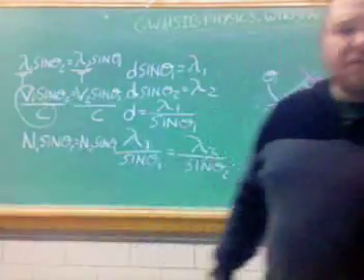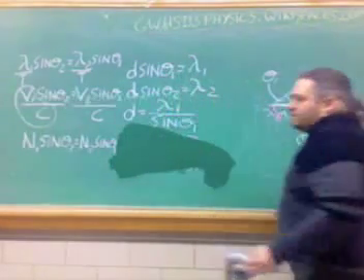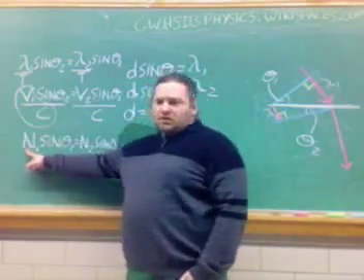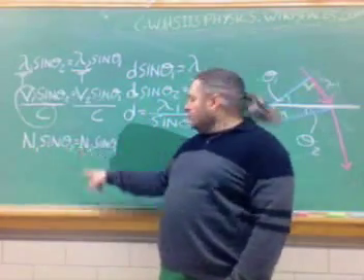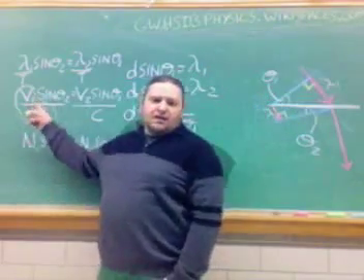Okay, and I'm going to erase that one section so it can stand by itself. Okay? So n1 sine theta 2 equals n2 sine theta 1, where n is the index of refraction.